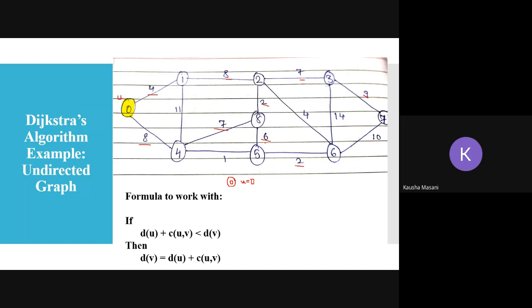V is the destination, for which you are going to calculate the distances. What is C of UV? The cost to travel from source to the destination. And what is D of U and D of V? Distance of source vertex, distance of destination vertex.